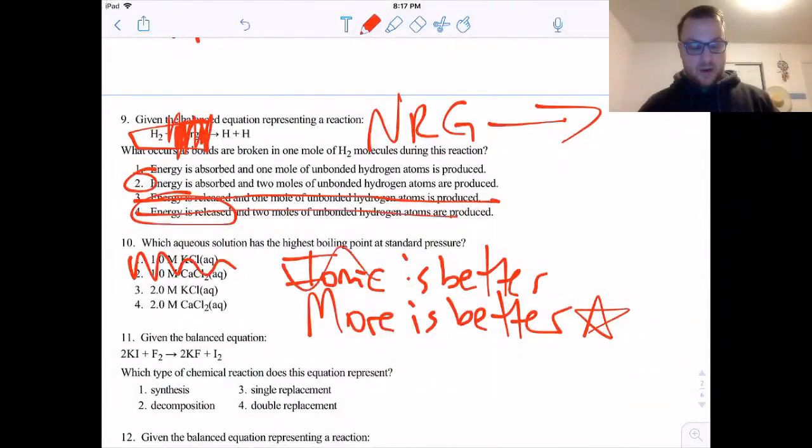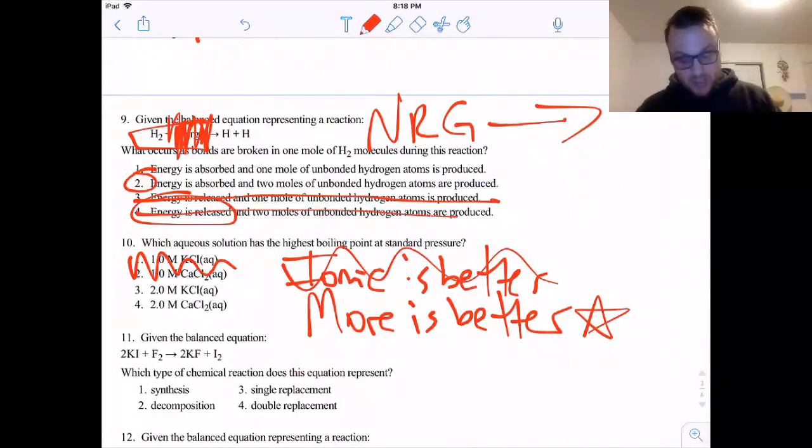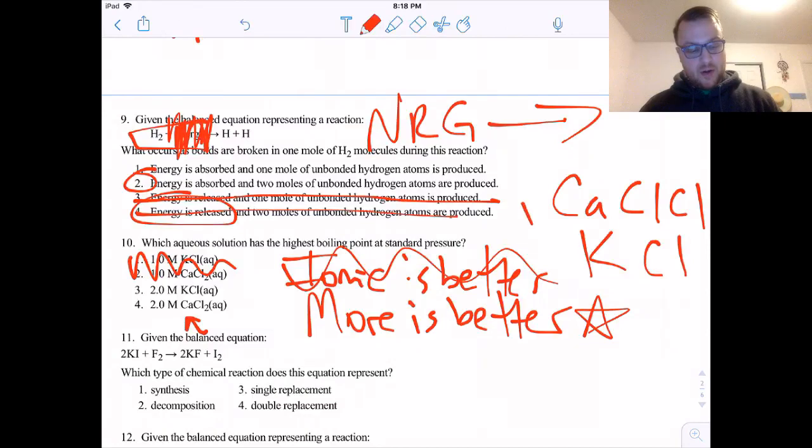The molarity or moles, depending what unit they give you, and once you've determined, like I've got it down to 2 ionic compounds, the ionic compound that has more stuff in it, more atoms, will do better than the one that has less stuff. And in this case, CaCl2 has 3 ions, KCl has 2, KCl is going to win, or lose. CaCl2 is going to win.